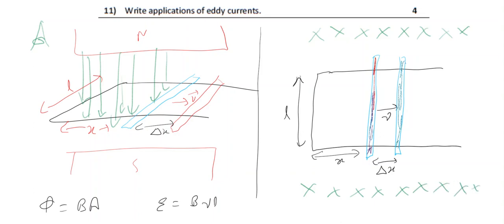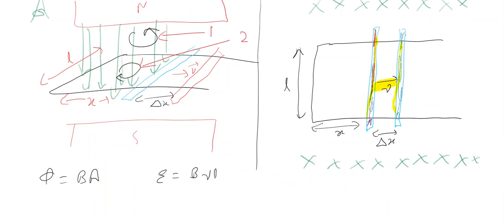Now why do we need this? The reason is, as explained earlier, when you move this rod with velocity v, there is change in flux, and because of the change in flux there is induced EMF. And what is the nature of induced EMF? Should the induced current be like this, or in the opposite way? Option 1 or option 2? Let me make it more clear.